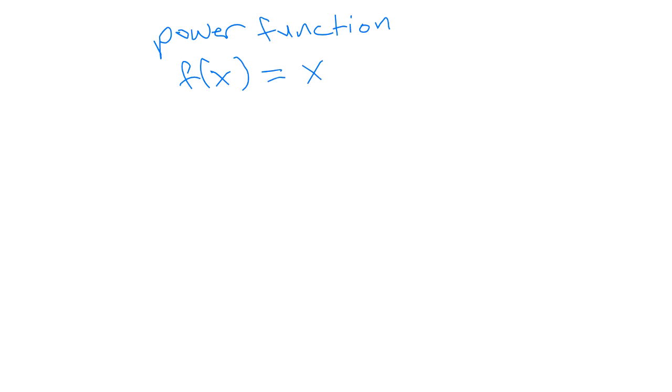All right. And then we have our power functions. And they are defined as having some f of x, which equals x to the a, and then a must be a constant.